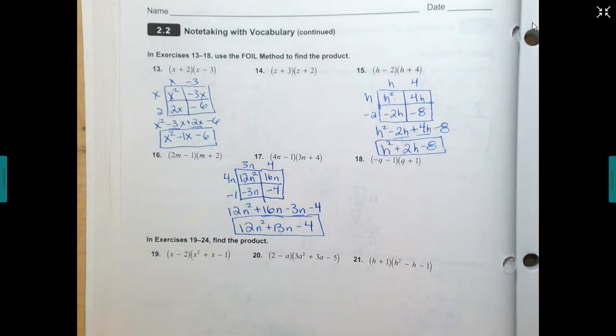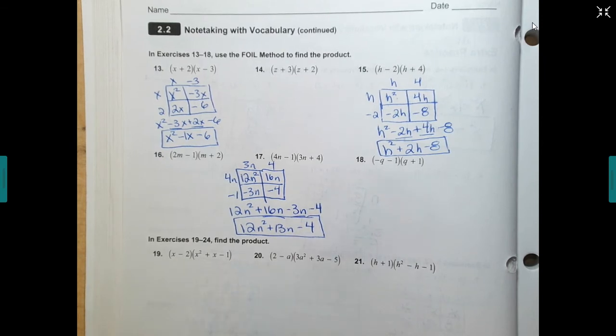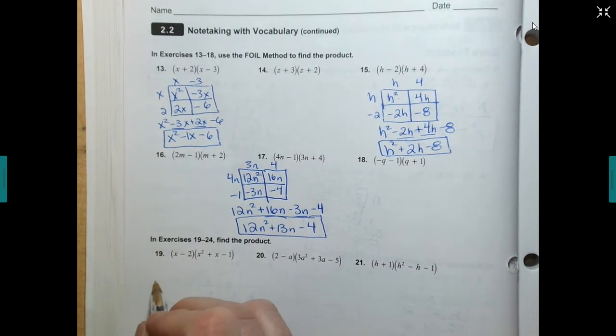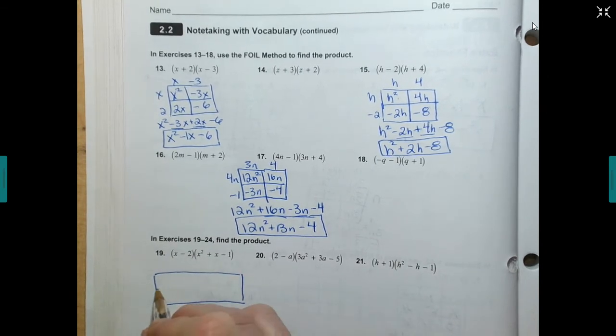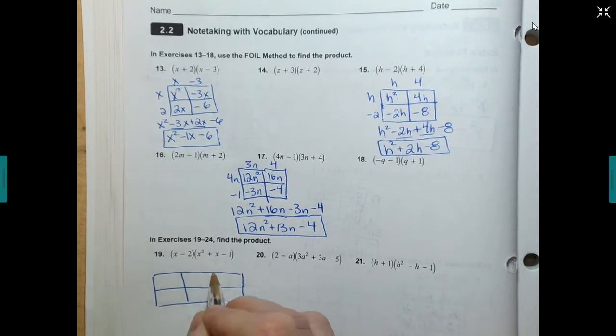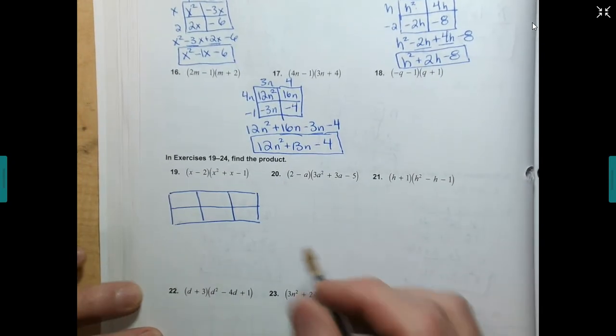All right. So here we have a binomial, 2 numbers, times a trinomial, 3 numbers. Now with the box method, that's no problem. All I'm going to do is make it longer so I can fit my 3 numbers up here. So that's all you have to do.